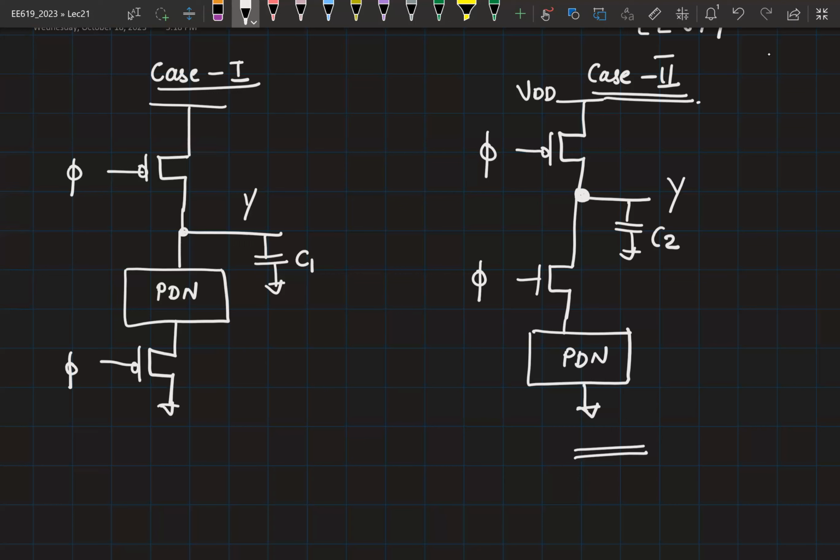Which one? Oh, sorry, this is also NMOS. So let me give you a scenario. Let me consider the capacitance at this node. It is some Cx. Let's assume that initially PDN was on, due to which Cx was completely discharged.